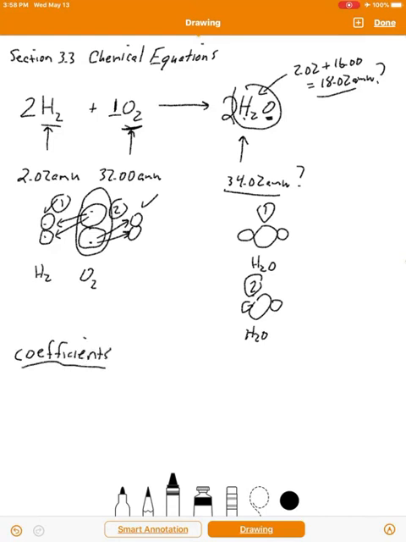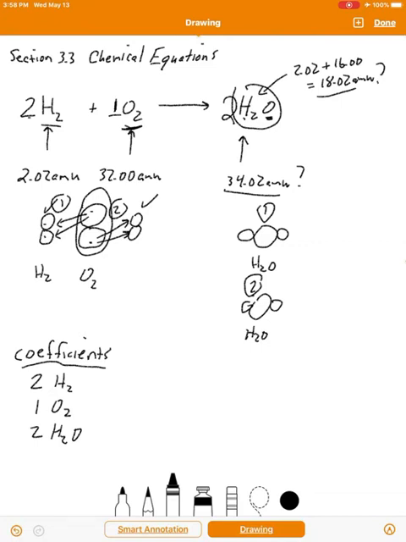These are the numbers that go in front of the chemical formulas or the symbols of the elements. The coefficients would be 2 for hydrogen, 1 for oxygen, and 2 for water. And that essentially takes care of our mass issue. 2 molecules of H2 would weigh twice as much as 1.